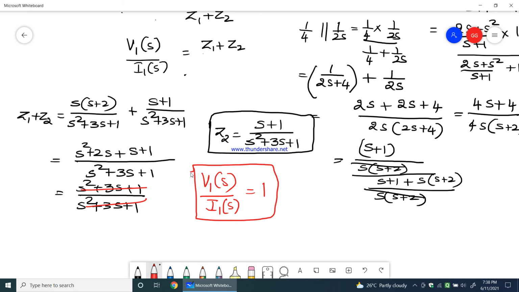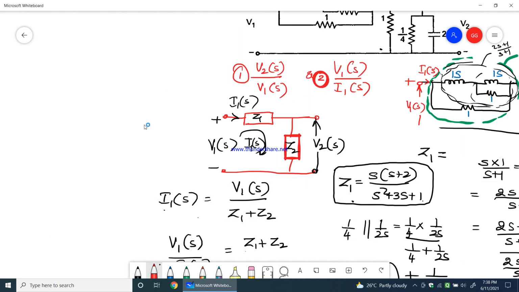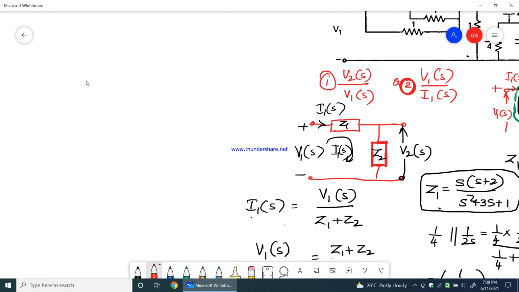Now the second transfer function which is asked in the question is, what is V2 of s by V1 of s? So we know that the voltage V2 of s would be equal to the current flowing through Z2 multiplied by Z2. So this is V2 of s, current I1 of s multiplied by Z2.